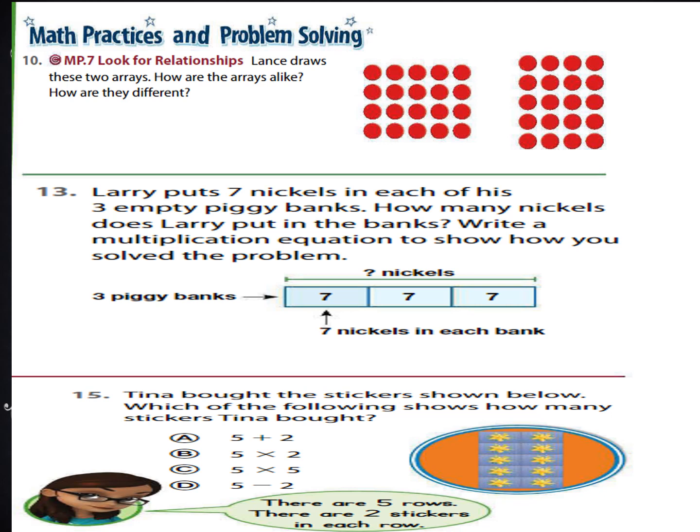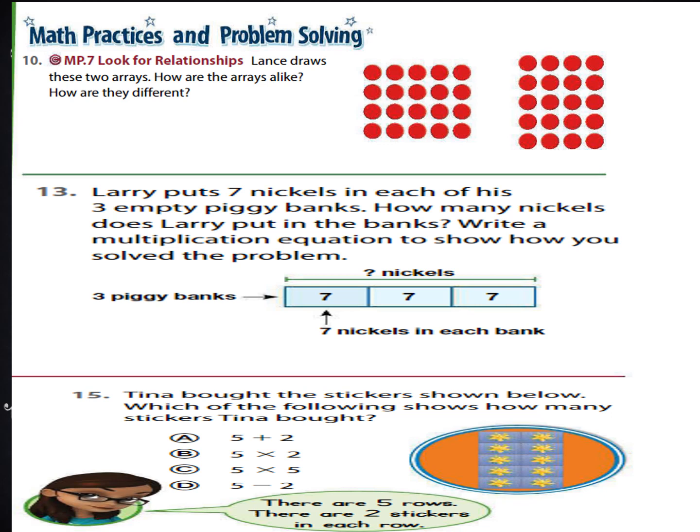After counting, you will find both arrays show the same number of counters. Both of them have 20 counters, so they are alike. But how are they different? Look at the first array. You will find 4 rows of 5, but the second one has 5 rows of 4. So they have a different number of rows and columns.